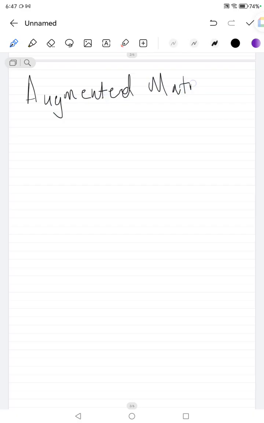So without wasting time, we're going to go to augmented matrices. These are basically what we're going to be doing together with your linear ones.